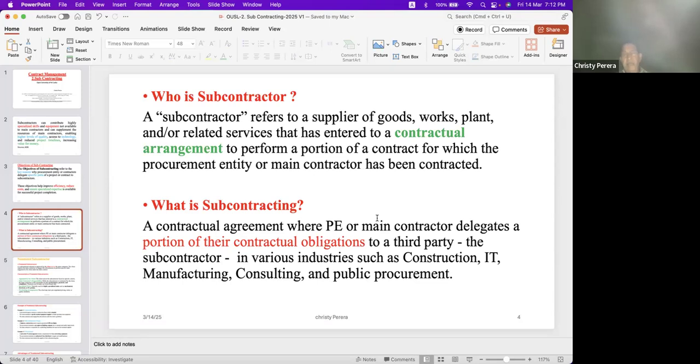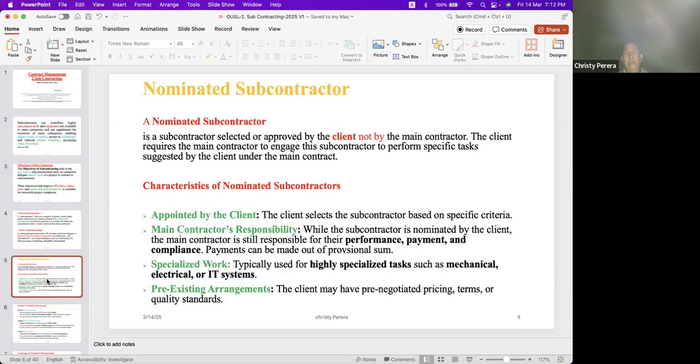Before we go to the normal subcontractor, we get some idea about nominated subcontractor also, because after that, we can start with our subcontractor lecture. Right. What is nominated subcontractor? Before you go through this slide, I will explain you.